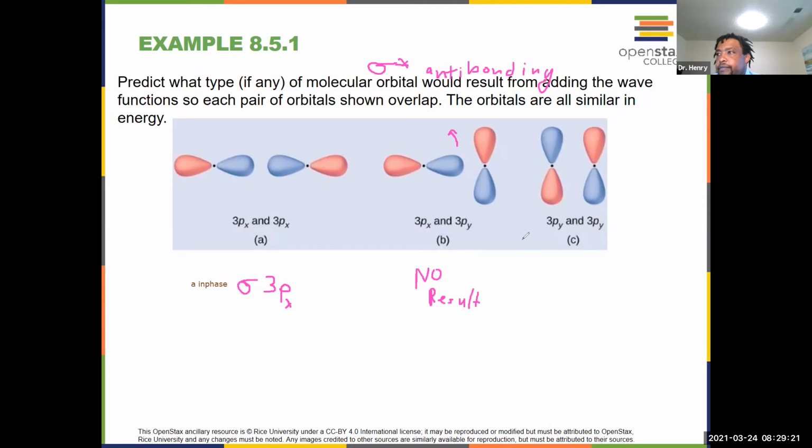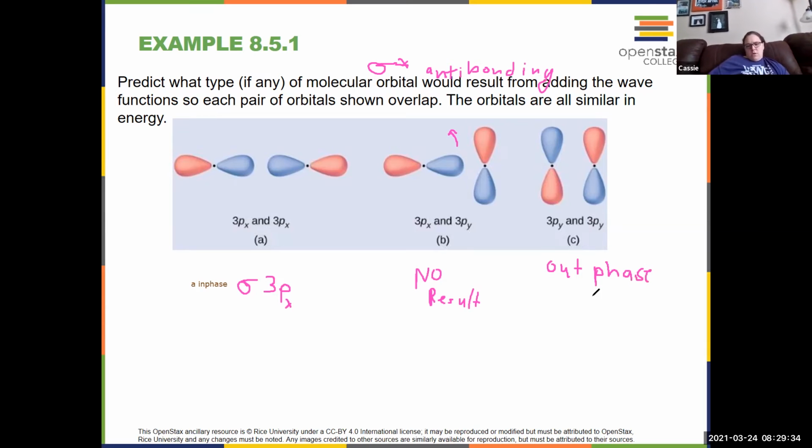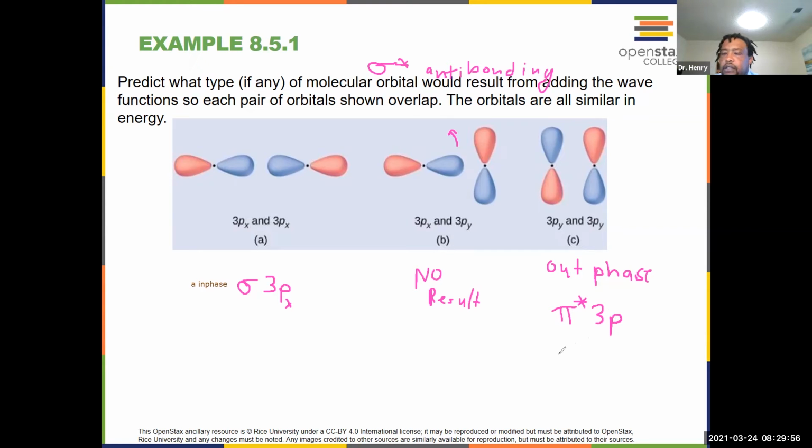Okay, what about this guy? That's out of phase, right? This one is out of phase. So would it be a sigma or a pi bond, if it could form a bond? Pi. So this guy would be considered your pi anti-bonding, meaning that it's not going to bond, they're going to push each other away.